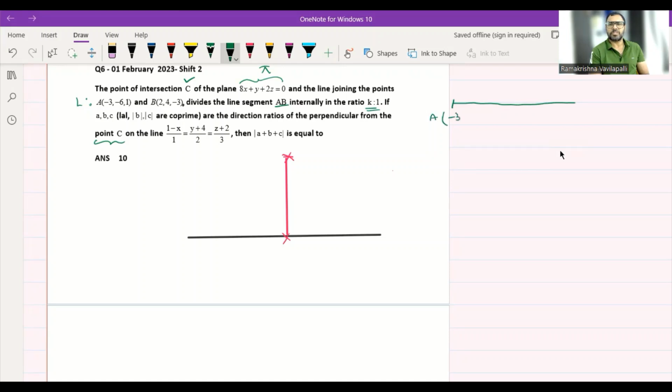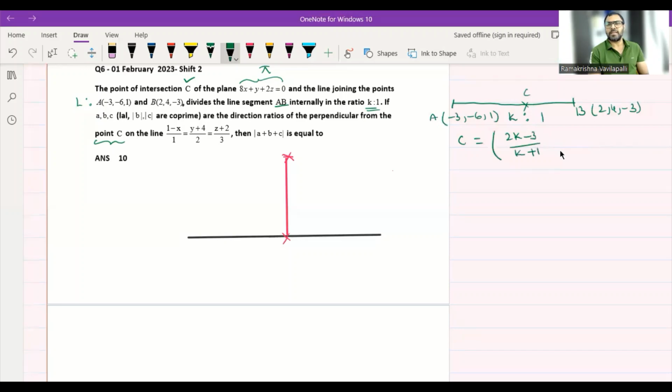A is (-3, -6, 1) and the B point is (2, 4, -3). So a point C divides in the ratio K is to 1. So what are the coordinates of C? The C coordinates are (2K - 3) by (K + 1).